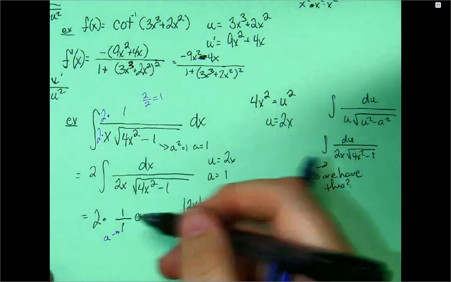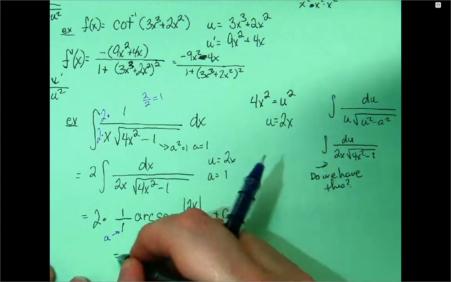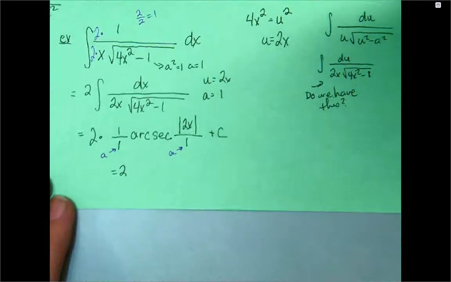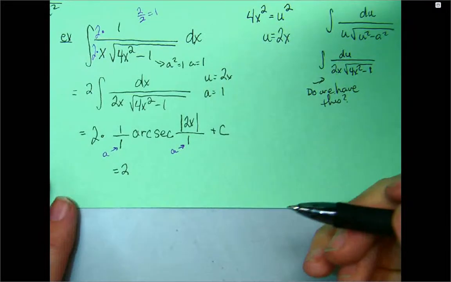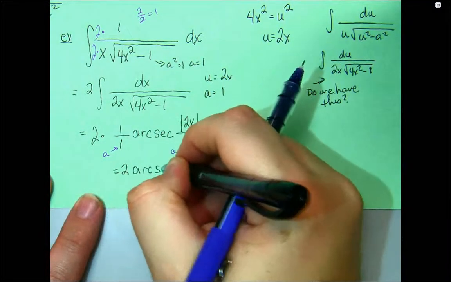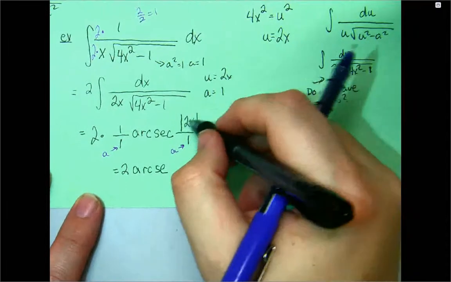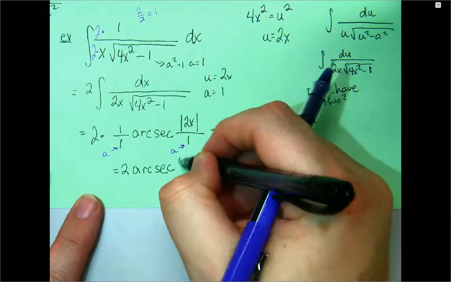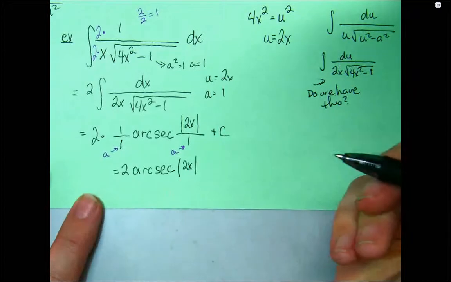We just have to do cleanup now. And it's 2 times the arcsecant. Now, what's the absolute value of 2x divided by 1? Absolute value of 2x. Don't lose the absolute values. Plus c.